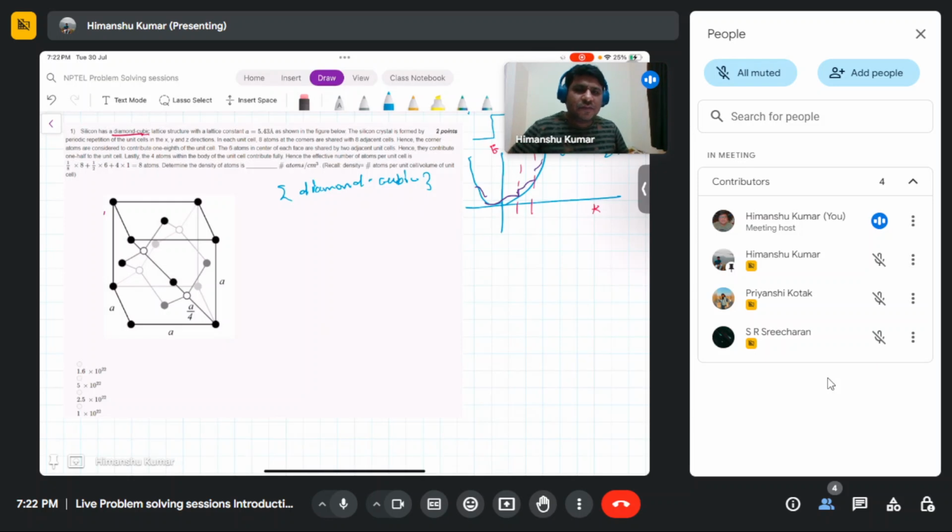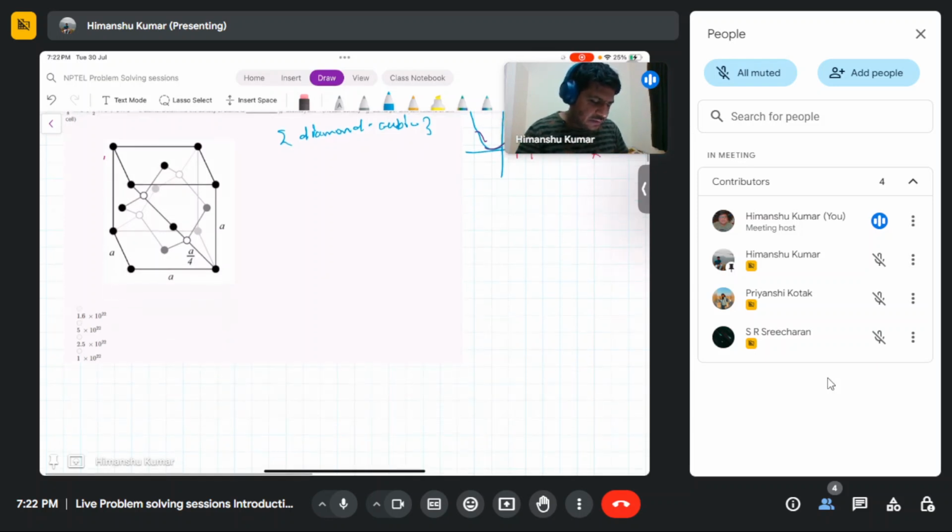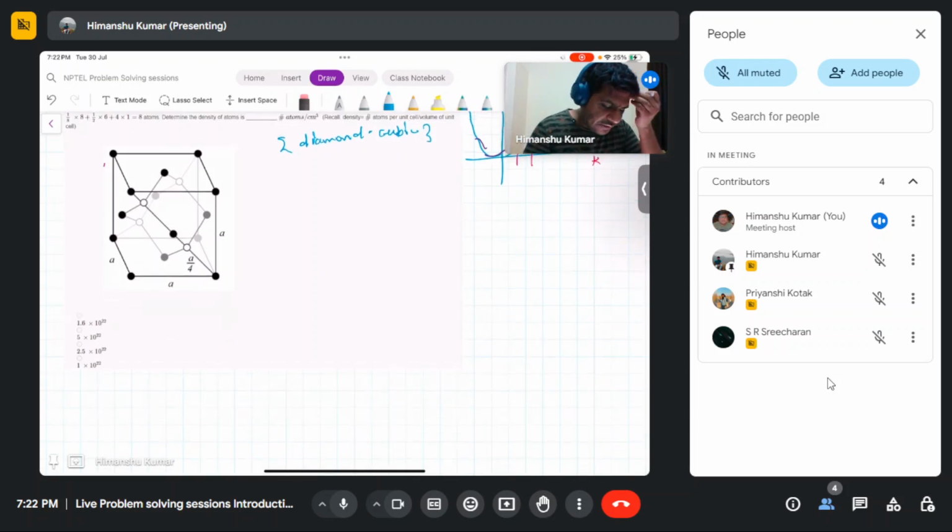In carbon, if you see the different allotropes or phases, there are two very well-known forms you have seen since childhood. Everyone has seen graphite.